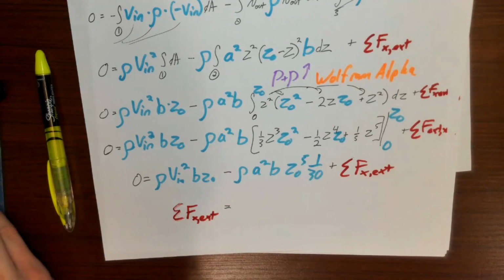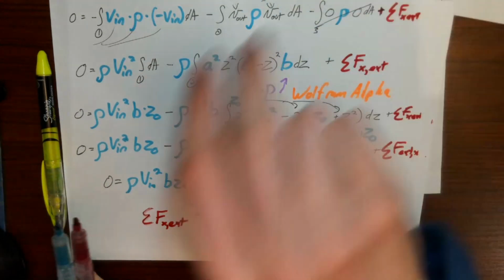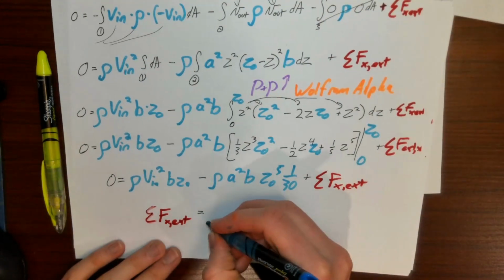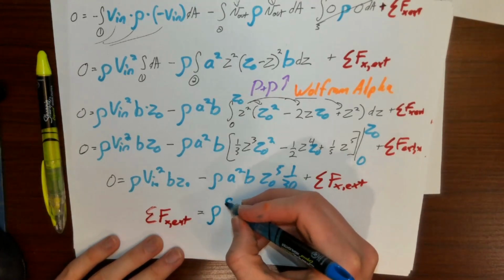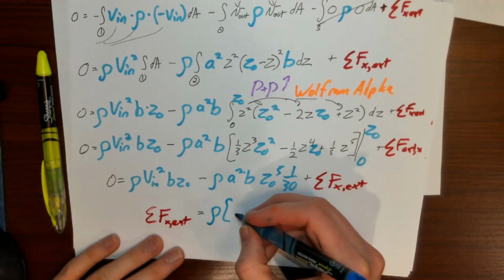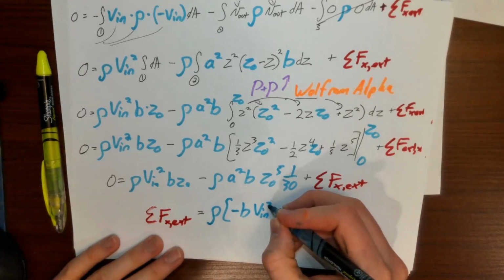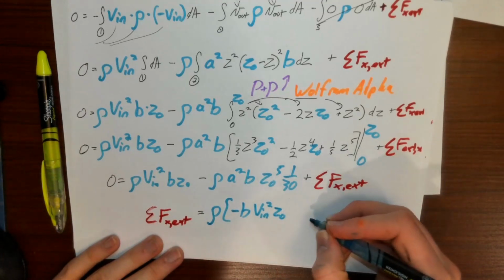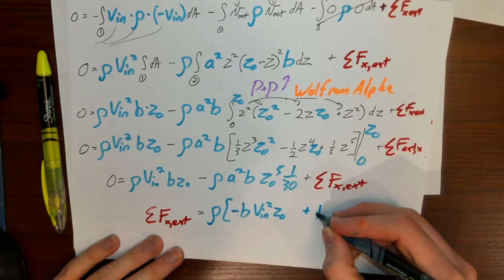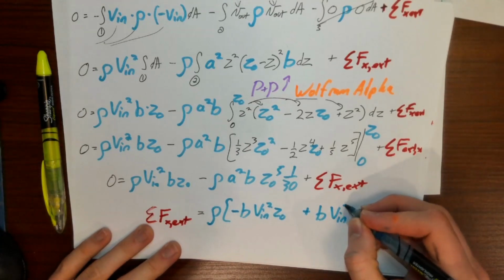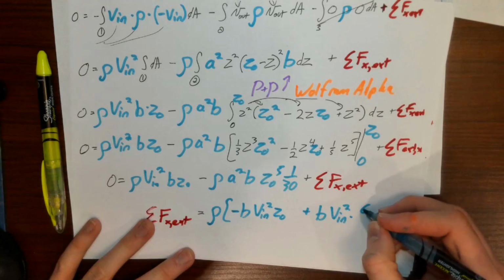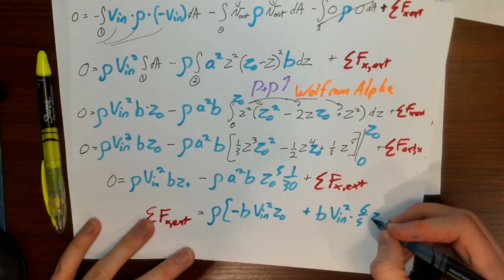You end up with rho times, let's say, minus b vn squared z naught plus b vn squared times 6/5 z naught.